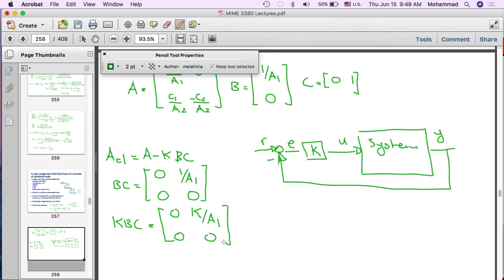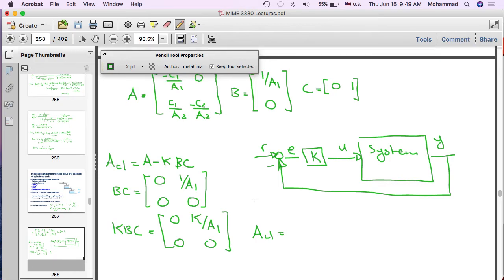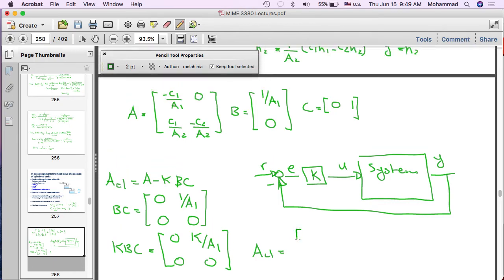So that's K times B times C. Now let's subtract this from A, which is at the top. 0 gets subtracted from minus C1 over A1, so it remains minus C1 over A1. In row 1, K over A1 gets subtracted from 0, so this becomes minus K over A1.